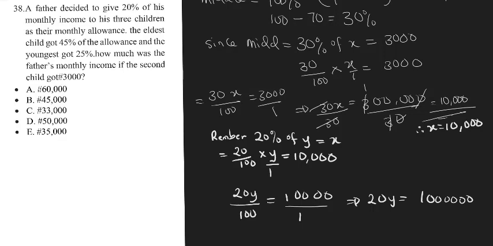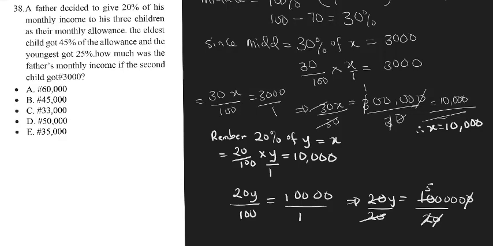Now if you divide by 20, this 10 cancels one of the zeros. 2 into 10 is 5. So we are left with 5 with how many zeros? 1, 2, 3, 4 zeros, right?